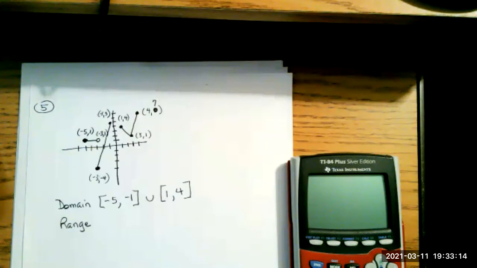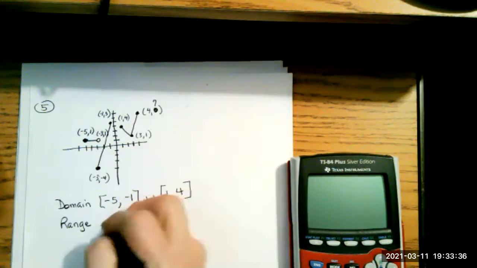Range. Amanda, can you do range? Are you there, Amanda? Yes, ma'am. Okay, what's the lowest Y value? -4. Mm-hmm.